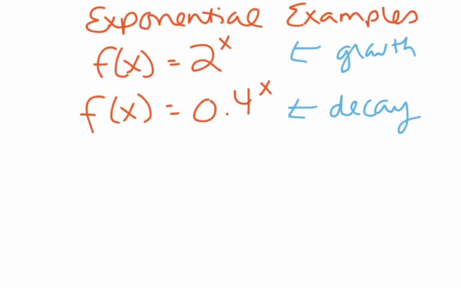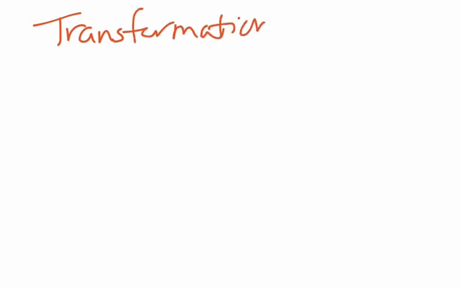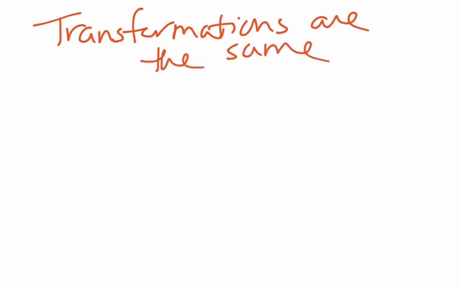And your transformations also work the same way because, as we have said many, many times this year, math is consistent. So your transformations are the same as what they have always been. What you really need to know for a new family is, what's the inside and what's the outside, so that you know whether a graph is moving left, right, up or down, or flipping.